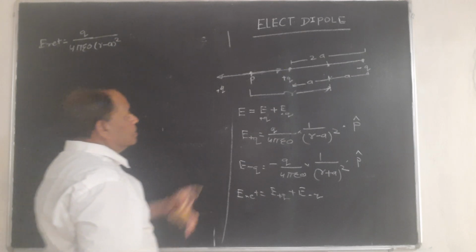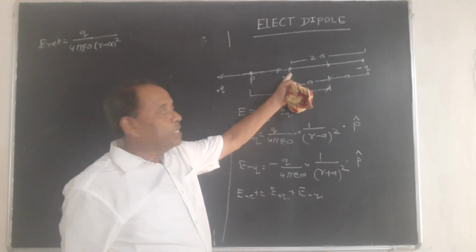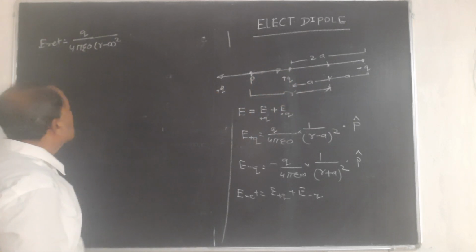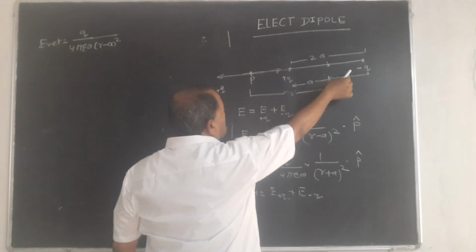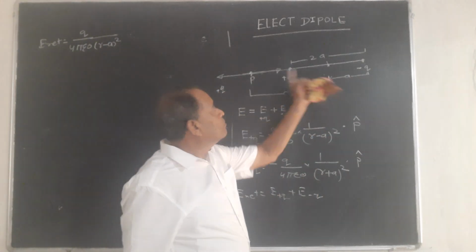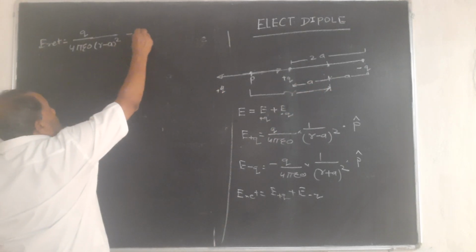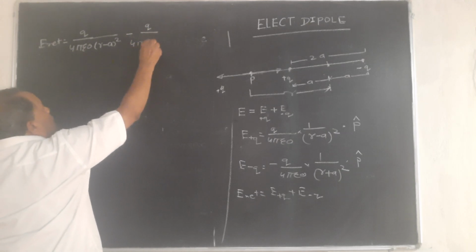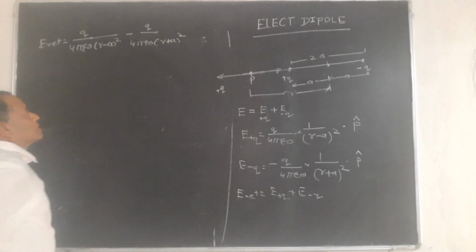Since this point is near the plus Q, the electric field is more, so this vector's magnitude is more and this vector's magnitude is less, because this point P is not near it. So minus Q upon 4 pi epsilon naught (r plus a) square.